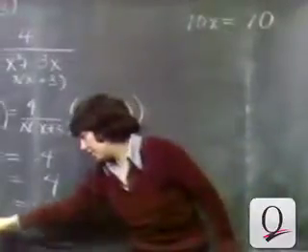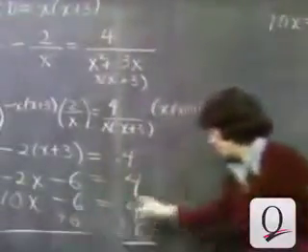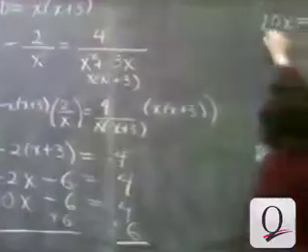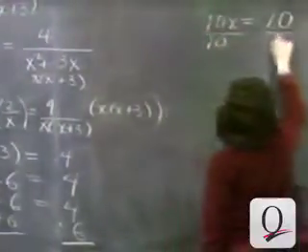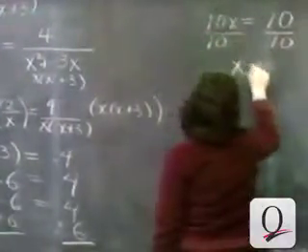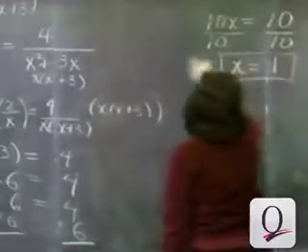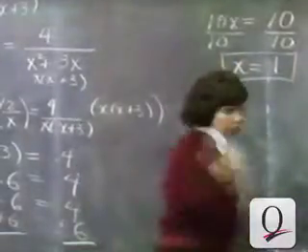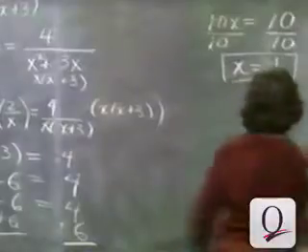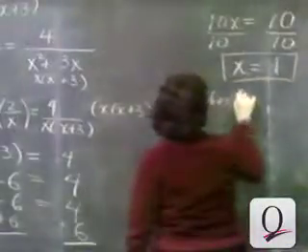You'll see you add 6 here, you get 0, so you have 10x equals 4 plus 6, which is 10. Dividing both sides by 10, x equals 1 is the only possible answer, and we have to check to make sure it really is the answer to this problem.